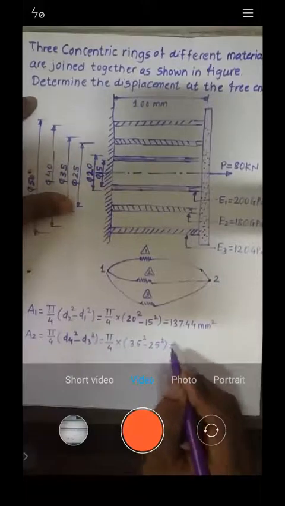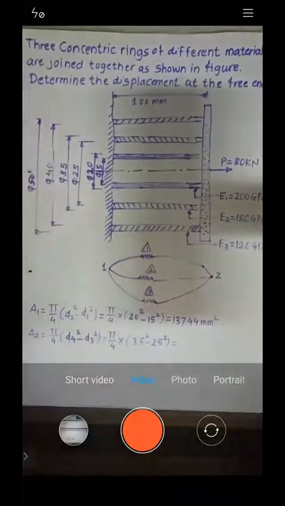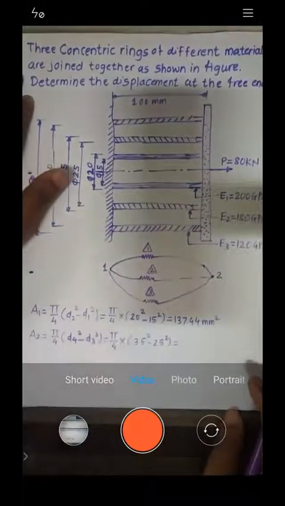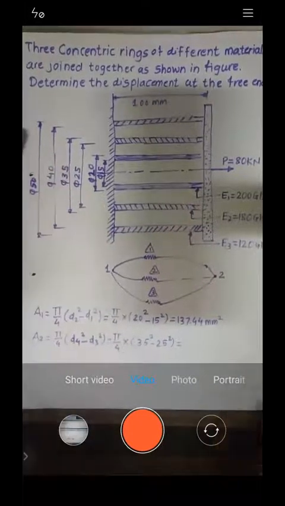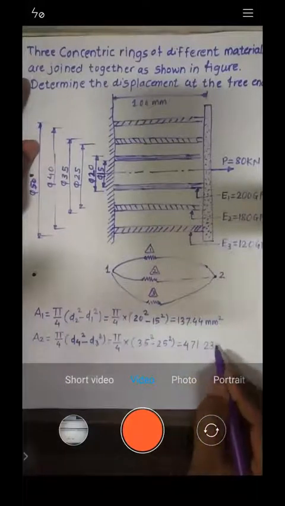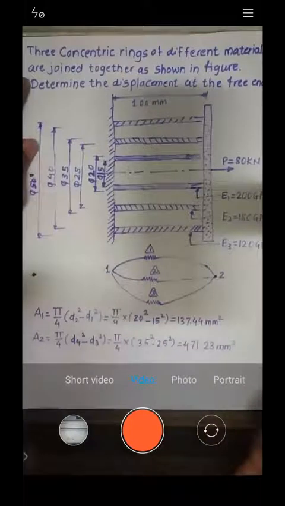So tell me how much you're getting. 471.23 mm square, right?